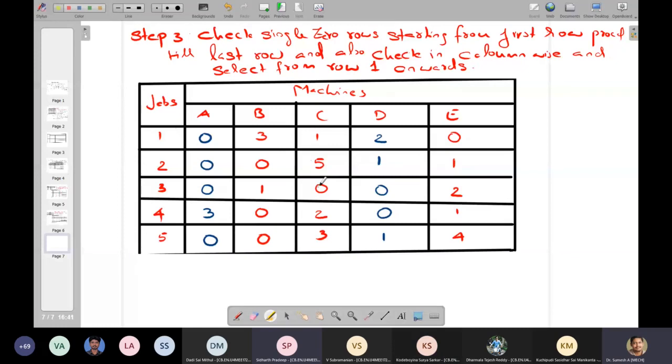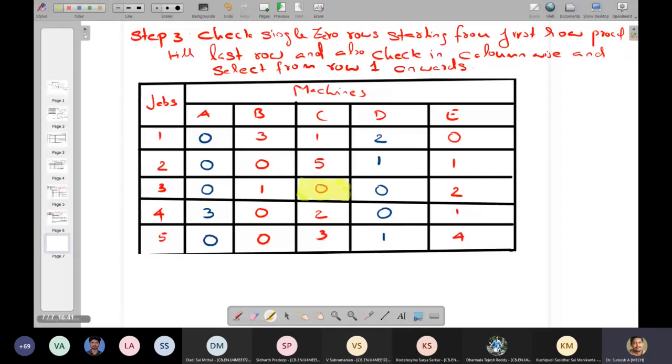So you can give the assignment for that first. When you give the assignment, if there is any zero either in the row or in the column of that particular cell, you have to strike it off.